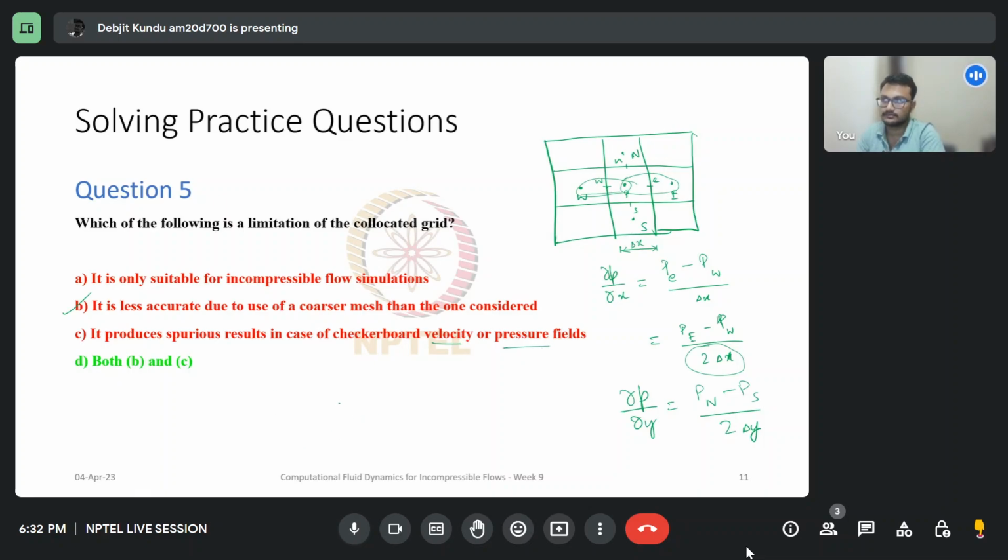So this is also something that we saw in the lecture. Let's say we have a pressure field like this, where we have 100 0 100 0 and something like that. These are the pressures.